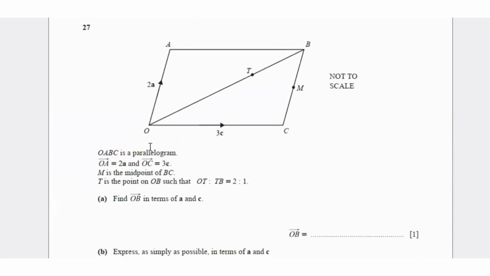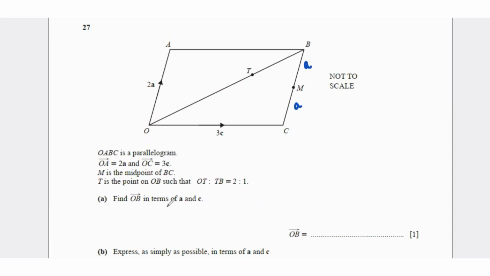Question 27 says OABC is a parallelogram. OA equals 2A, OC is 3C, M is the midpoint of BC, which means this is A and this is A. And T is the point on OB such that OT to TB is 2:1.